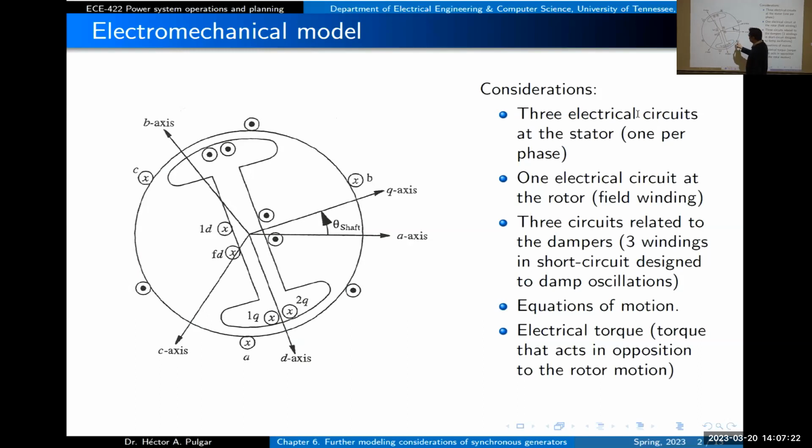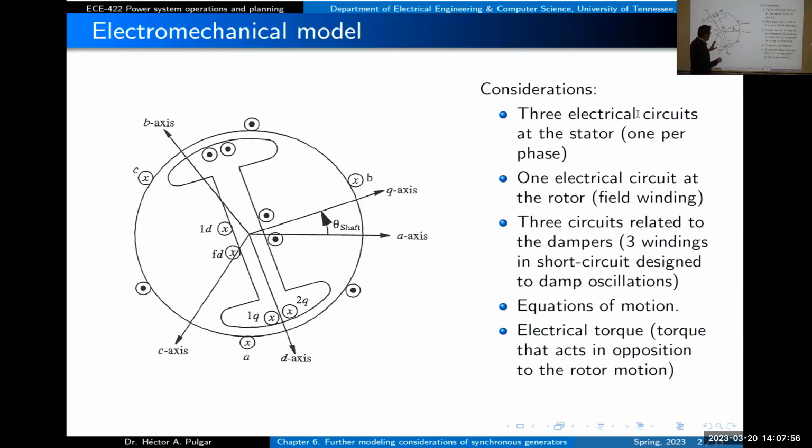But in the stator, we will have 3 windings, one for each phase. And as you can see, the phases C, B, and A are physically rotated 120 degrees because the machine has just 2 poles. So this is phase C, but if we rotate these 120 degrees, you will find here phase B. And if you rotate these 120 degrees again, you will have phase A.